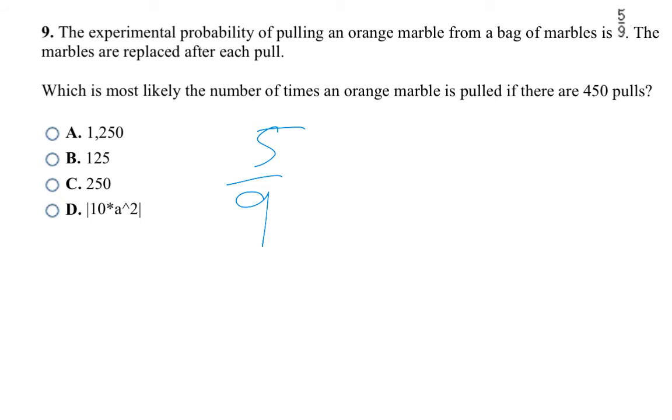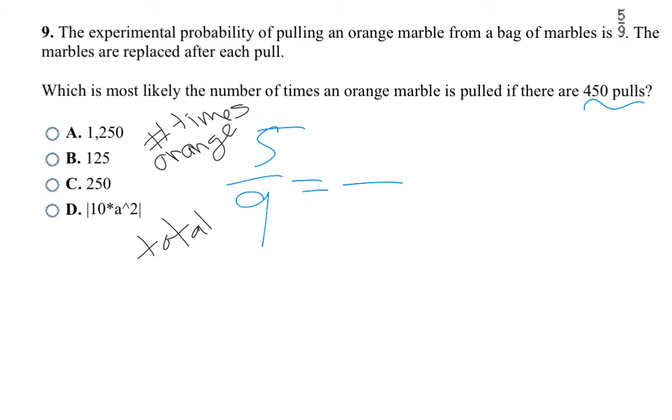And once again, we know that 5 is the number of times they saw an orange marble, and we know that 9 is the total. So I wrote that off to the side so I can keep that straight. And so I'm going to put my equal sign here, and I have to write the other side of my proportion. So the problem also tells us that there was a total of 450 pulls. So that means that 450 is going to go in the denominator with the other total.